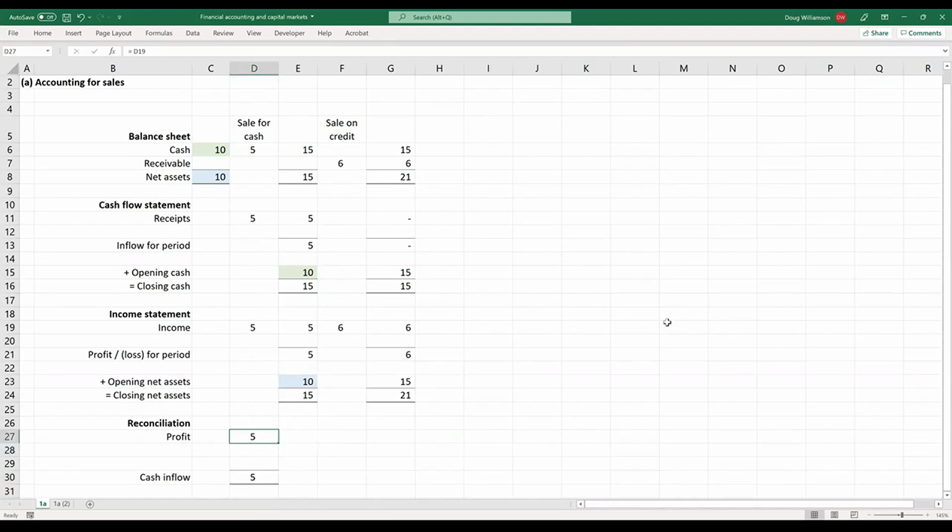Okay, let's have a look at the second period. Let's move that. Like that.